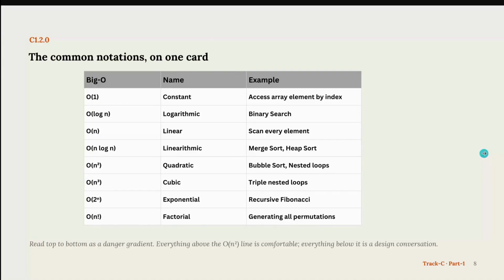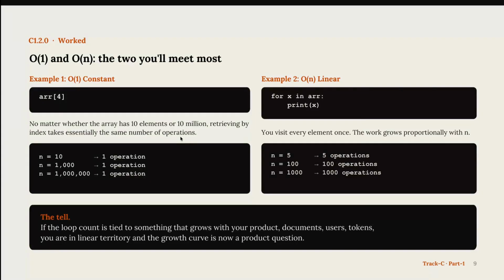Okay, and coming to the actual notations on how this works. For example, you're trying to access a particular element of an array, say position 4. No matter whether the array has 10 elements or 10 million, you'll only be performing the same number of operations, which is 1 operation.